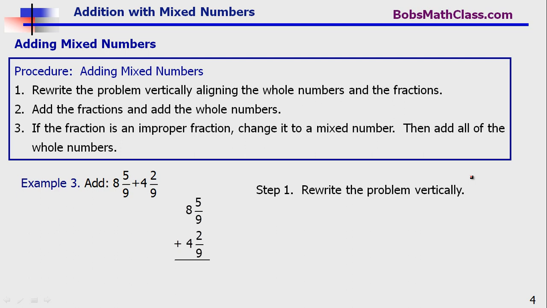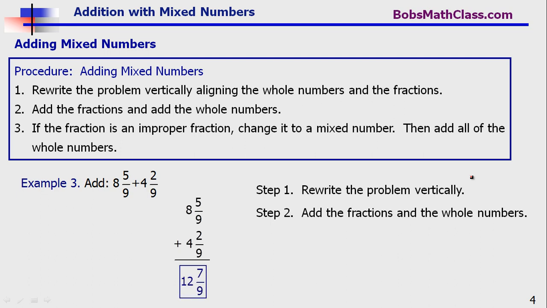Since the denominators are the same, we could add the numerators. That gives us 7/9. And 8 and 4 is 12, so 12 7/9. We don't need to worry about step 3 because the fraction isn't improper. So that answer is 12 7/9.